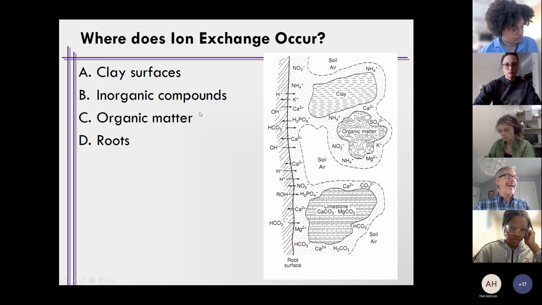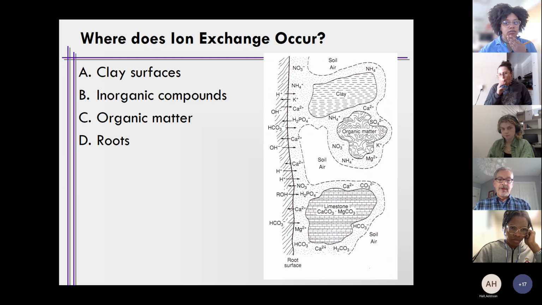It actually occurs on inorganic compounds or mineral phases, like this picture here on the right-hand side of limestone. At the very edge of limestone, you can have negative charges that are derived right at the edge that can hold positive charges. This happens on mineral phases all the time. And then it happens at roots. Ion exchange happens on root surfaces.